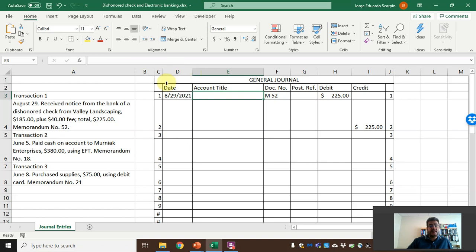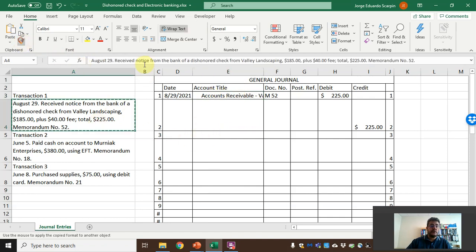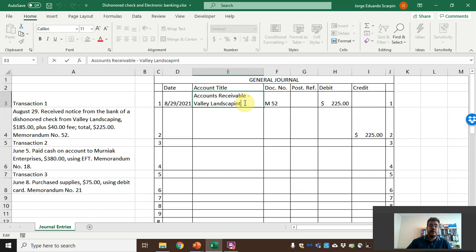Okay, now what will happen? This customer paid us with a non-sufficient funds check, so we will charge them again. So accounts receivable, Valley Landscaping, and our credit will be cash.